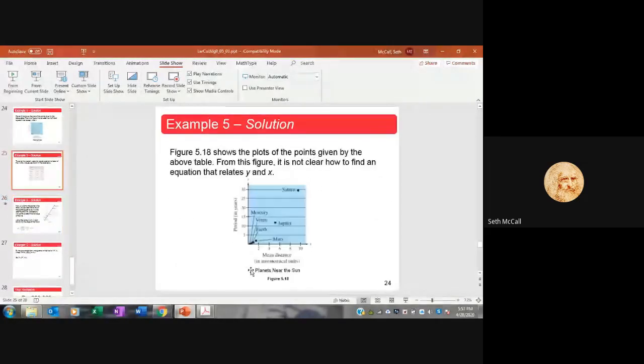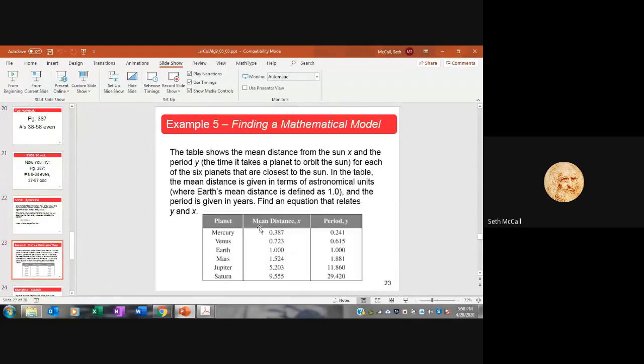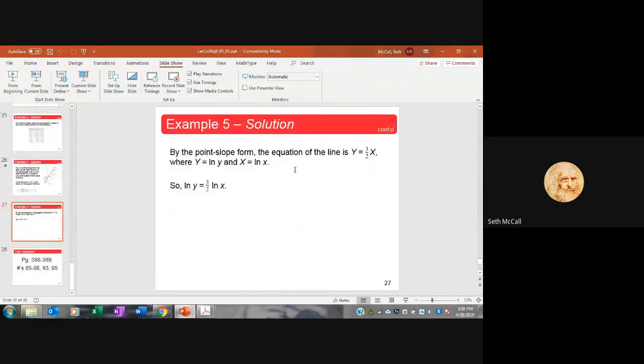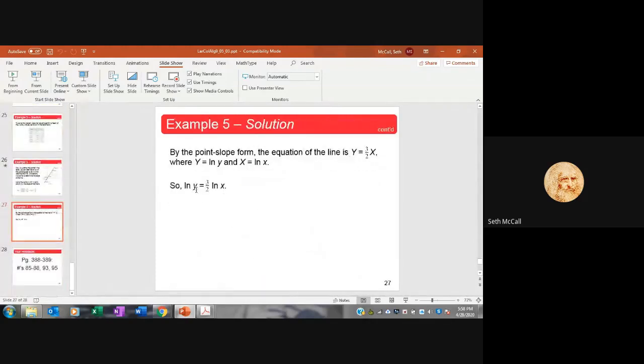And looking back into this equation that I gave you again right here, to relate the two, it's the natural log of y equals m natural log of x. And so the equation that relates this original data, the x's and the y's, is going to be natural log of y equals 3 over 2 natural log of x.